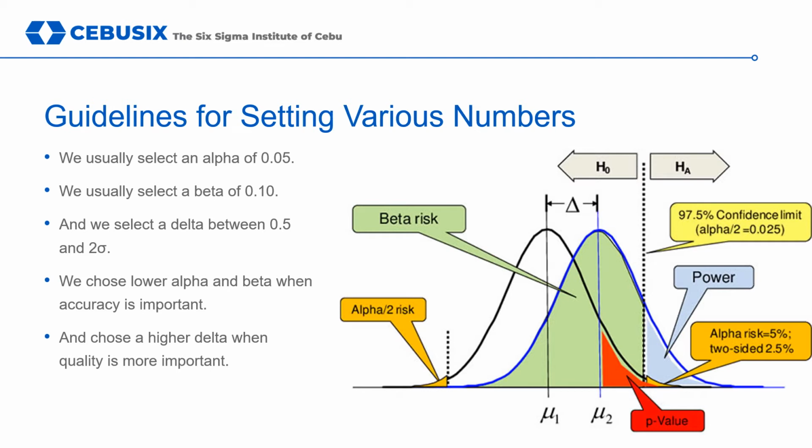In most instances, you can choose a beta risk between 10% and 20%, which will give you a power of 90% to 80%. A power of 90% is less likely to produce a type 2 error than a power of 80%. But it will also require a much larger sample size in most cases. The delta value and the standard deviation are absolute values, which will be required by business needs as a function of standard deviation.